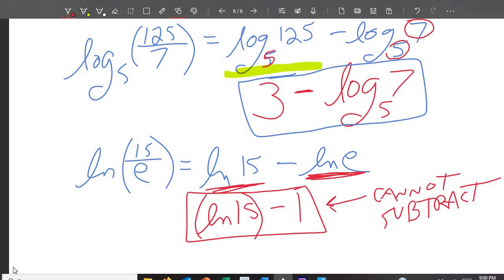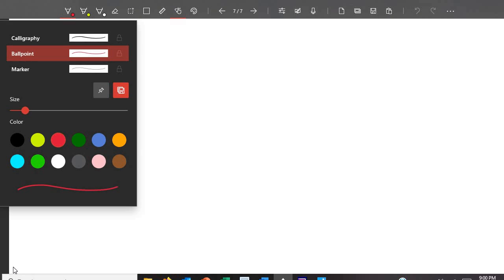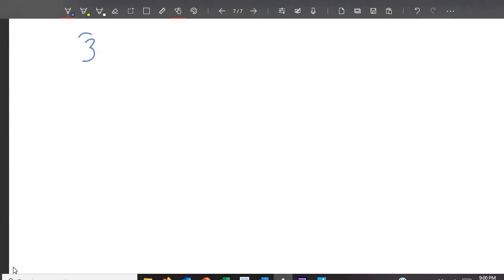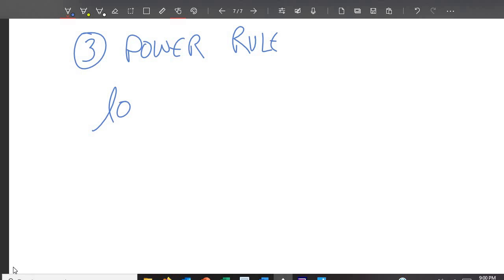But try to remember you can't subtract when there's a natural log of a number and just a whole number. All right. Let's do the power rule. The power rule is the easiest one. Power deals with exponents. Here is the power rule. If you have a log of anything with an exponent, I'm going to put P for power.